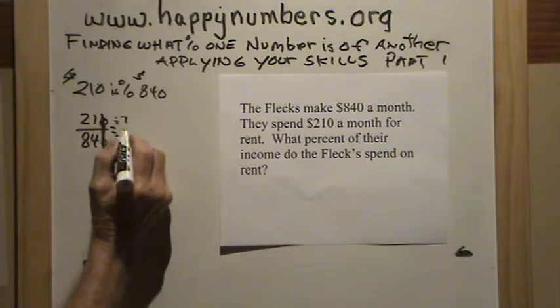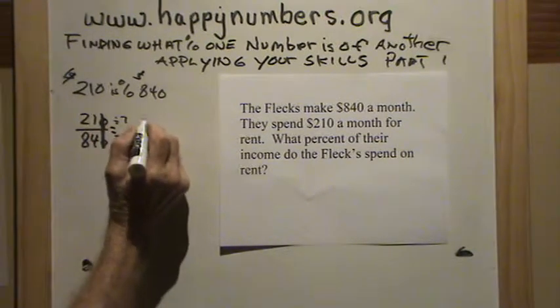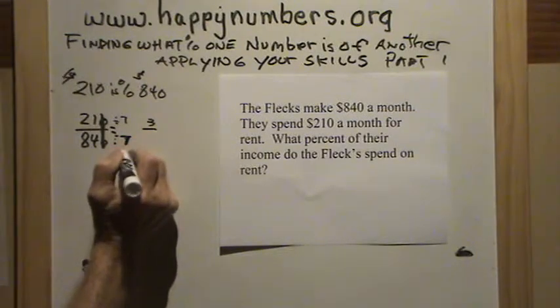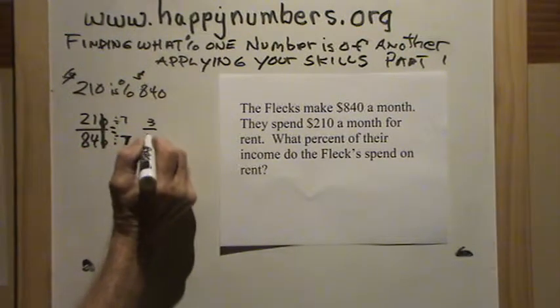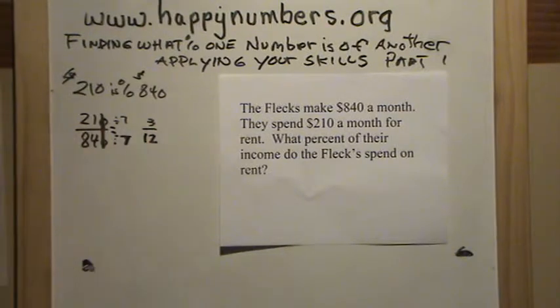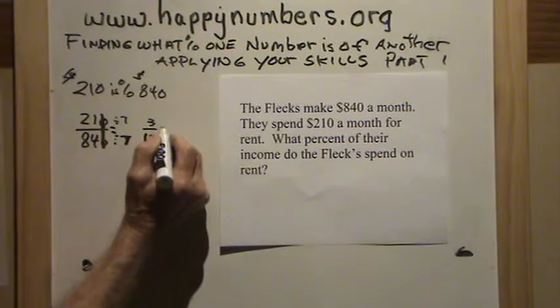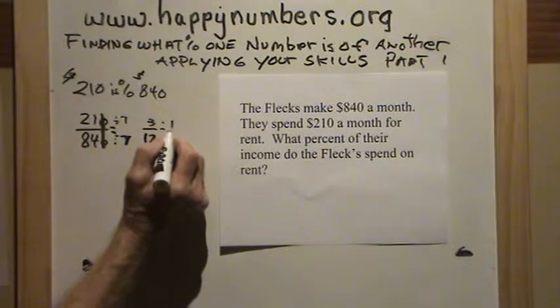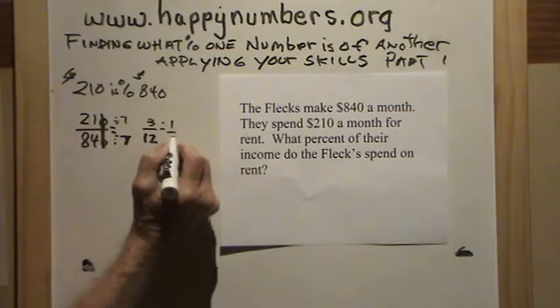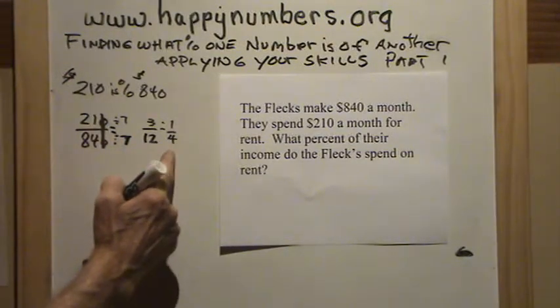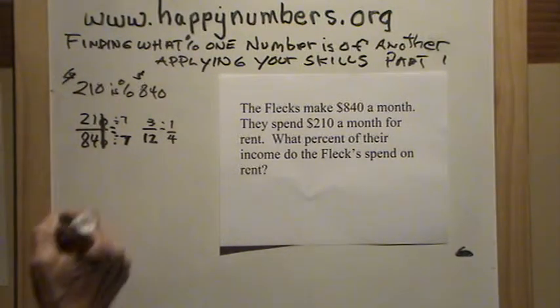So 7 goes into 21 3 times, and 7 will go into 84 12 times. And we can still reduce this further. 3 goes into 3 1 time, 3 goes into 12 4 times. So we have the fraction 1/4, and now we change that to a percent.